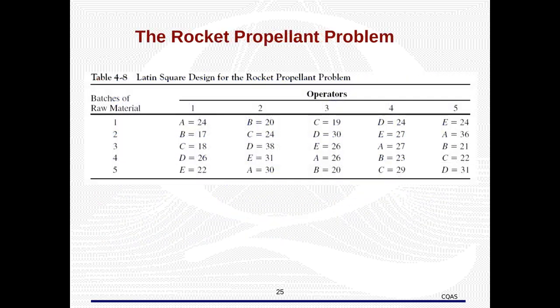Now we need to formalize our experimental approach to this rocket propellant problem. We have identified 2 nuisance factors, operator skill and raw material batch variability, that could confound our results if left uncontrolled. Rather than treating these as random noise, we'll incorporate them directly into our experimental design through blocking.